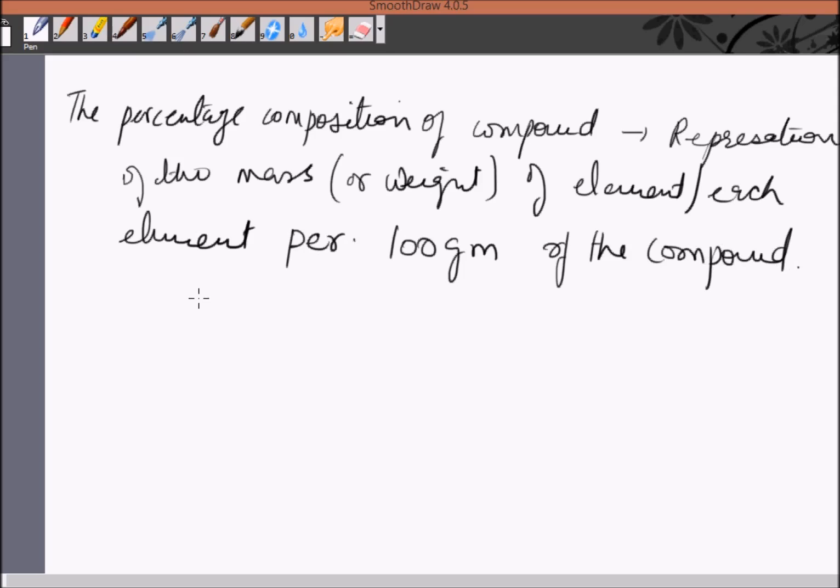For example, the percentage composition of methane, that is CH4, is 75% carbon and 25% hydrogen element.